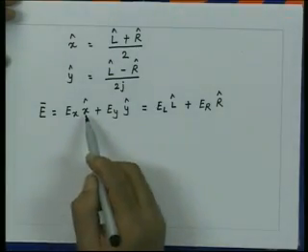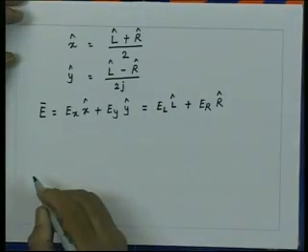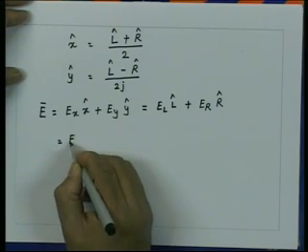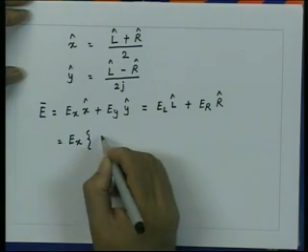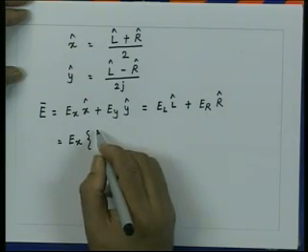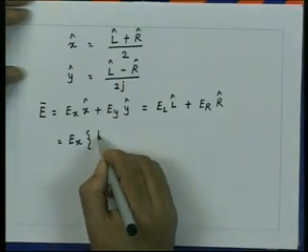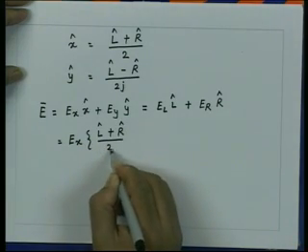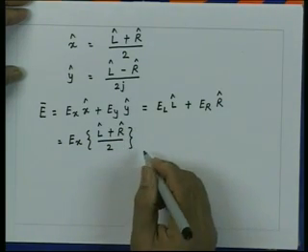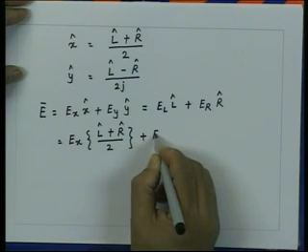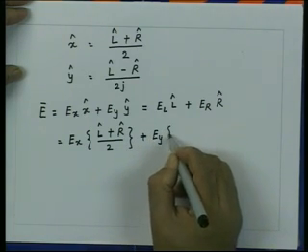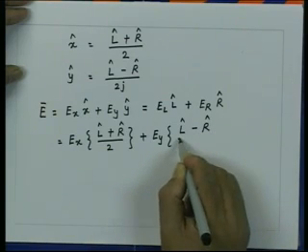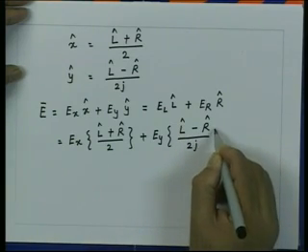Substituting now for x and y from here, this is equal to Ex times the x component, which is L plus r upon 2, plus Ey times L minus r upon 2j.